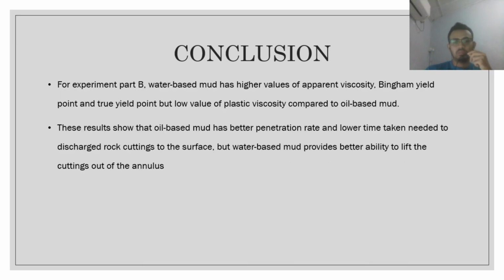For experiment part B, water-based mud has higher values of apparent viscosity, Bingham yield point and true yield point, but lower plastic viscosity compared to oil-based mud. This result shows that oil-based mud has better penetration rate and lower time needed to discharge the rock cuttings to the surface, but water-based mud provides better ability to lift the cuttings out of the annulus.